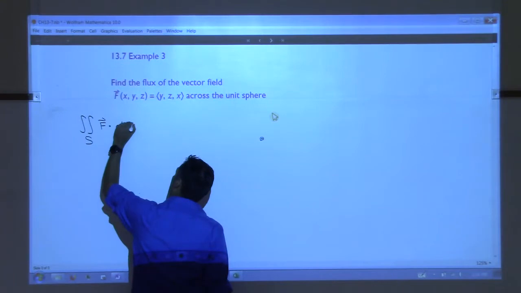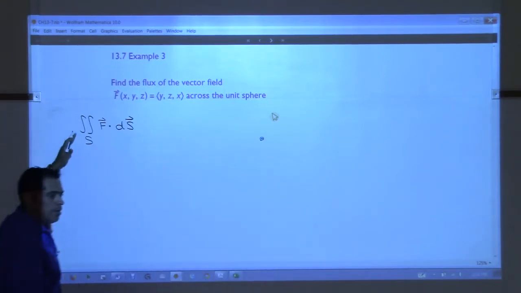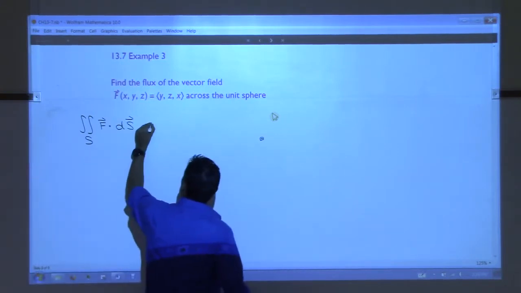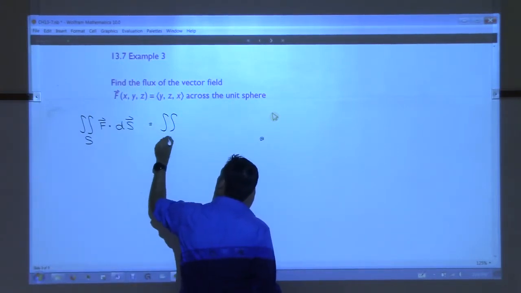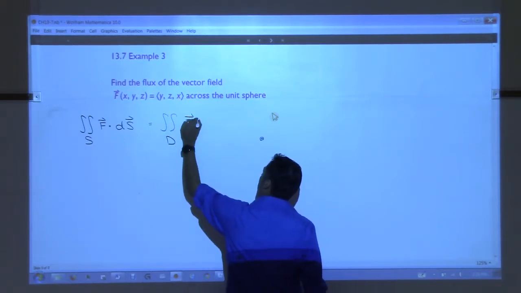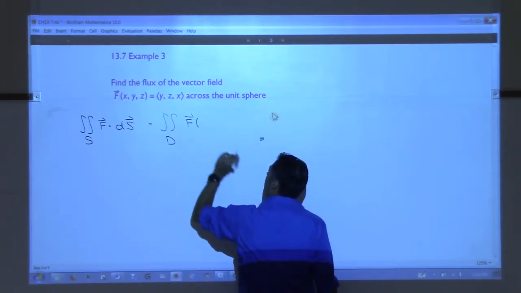That's what we want to do. Now we have a formula for this: this will be the double integral over D of F, evaluated at where?